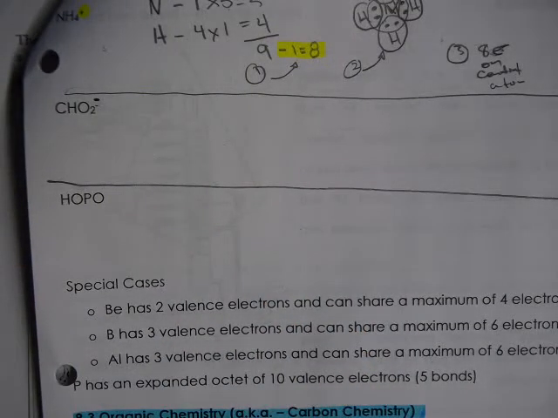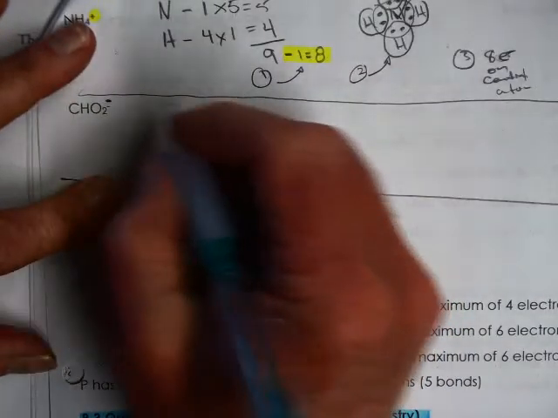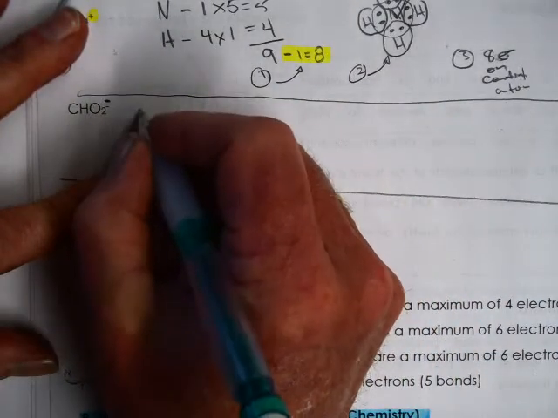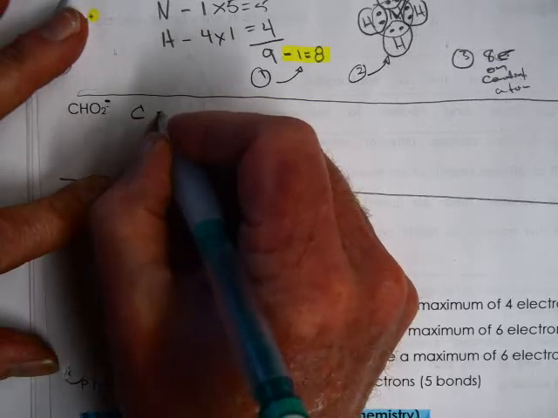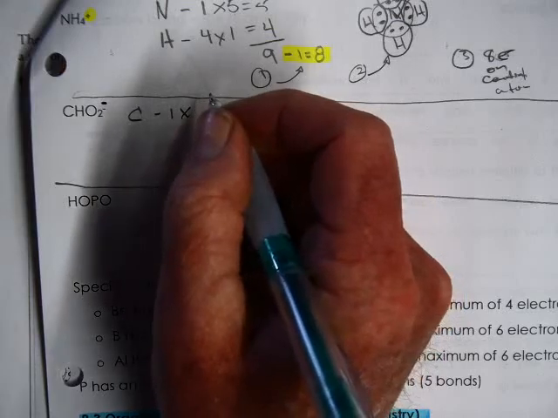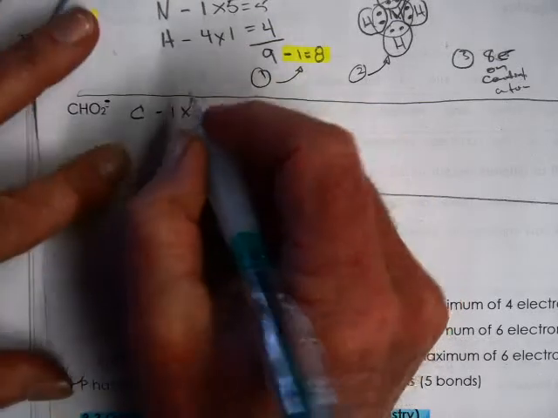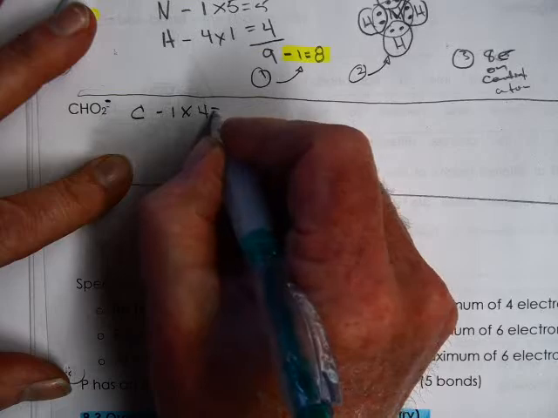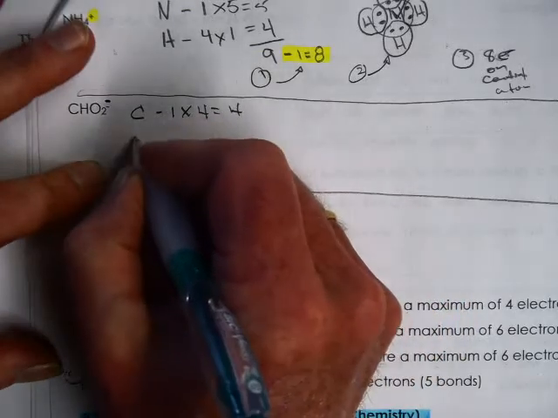Where's my pencil? Oh, there it is. So in this compound, I have got 1 C. So I've got 1 times the number of electrons in the outer shell of a carbon, which is 4. So 1 times 4 is equal to 4. I've got 1 H.